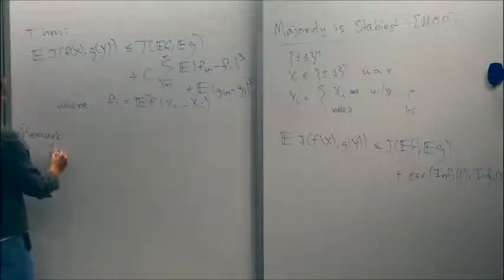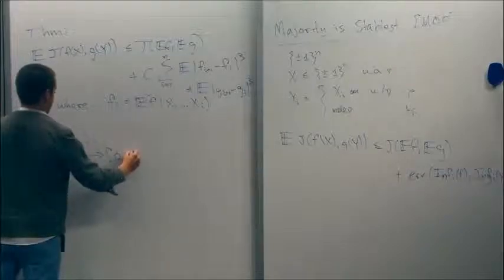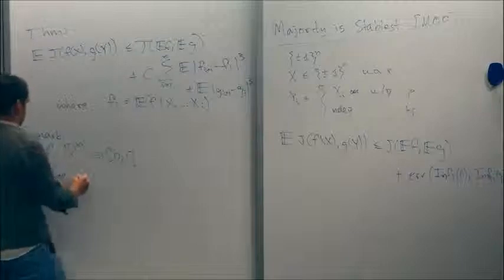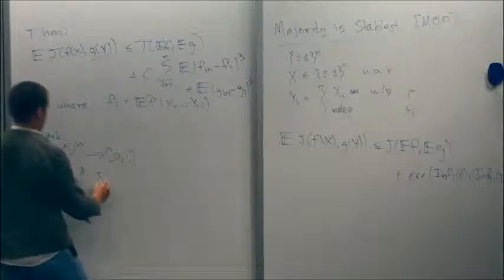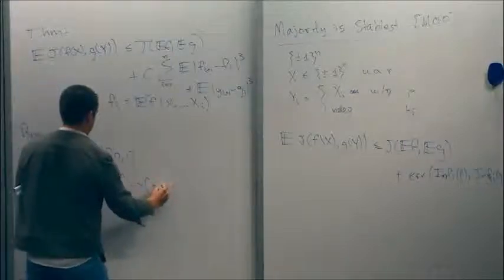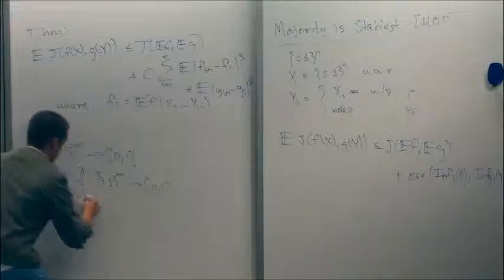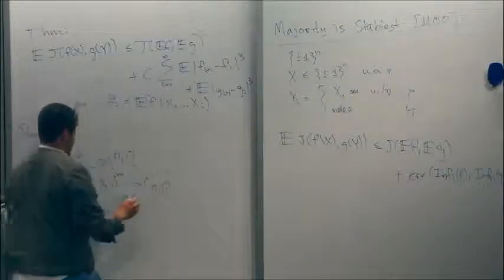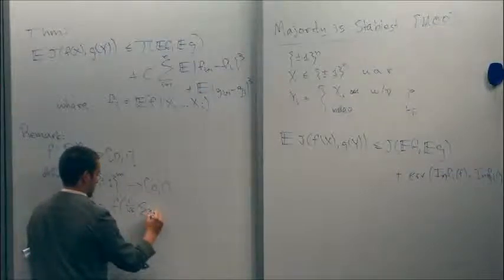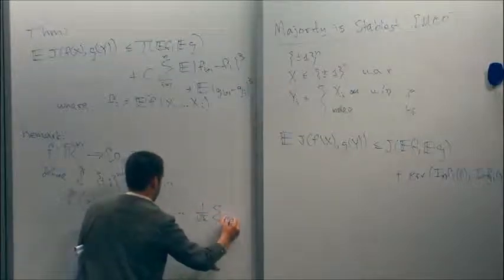OK, so I consider a function f from Rn to 0, 1. And I define a function f tilde from plus minus 1 to the m to 0, 1 by f tilde of x is f of, well, I'm going to plug in 1 over square root of k, sum of xi, etc., 1 over square root k, sum of xi.